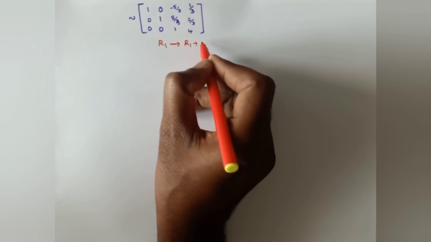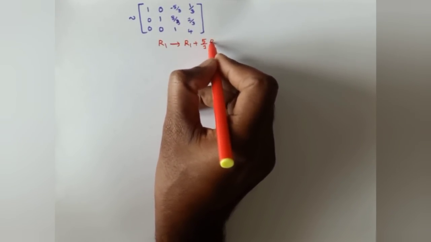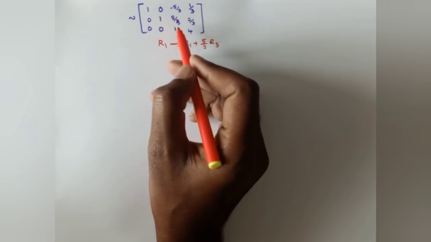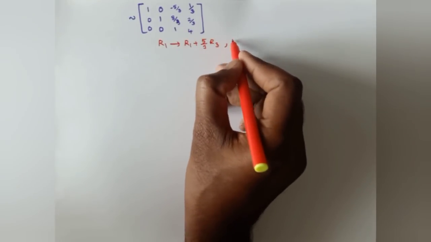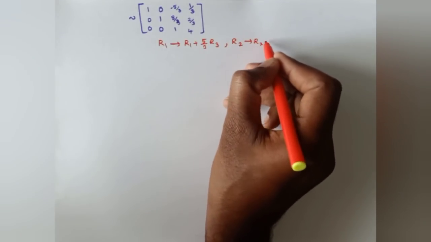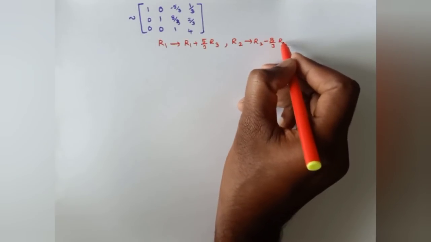Right. So it is R1 plus 5 by 3 into R3. In the same way, for 8 by 3, we can apply row 2 as row 2 minus 8 by 3 into R3.